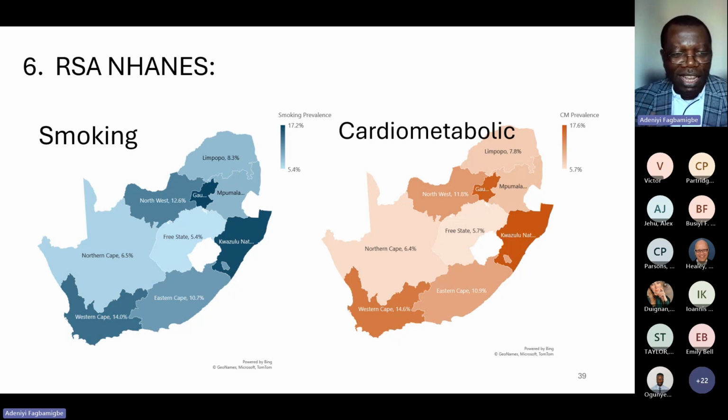With this, we can see the higher the prevalence of smoking, the higher the risk of cardiometabolic conditions. Of course, this is not causality, it's just an association. We find a reasonable level of association between smoking and having this cardiometabolic condition, just because we can leverage secondary data.